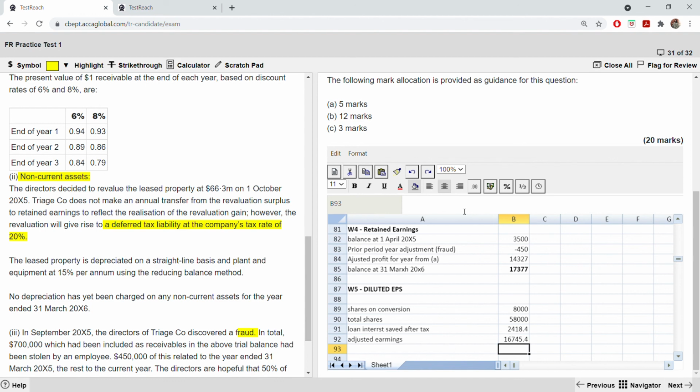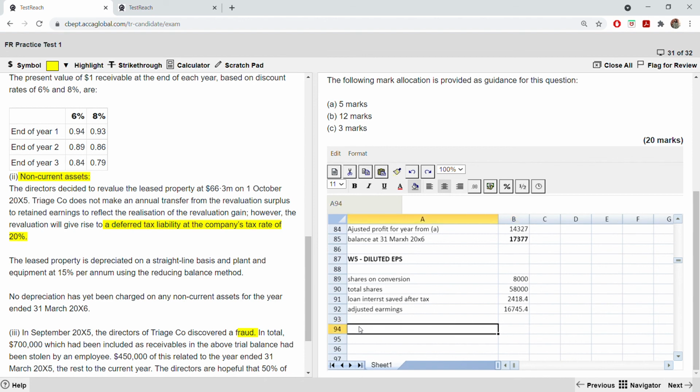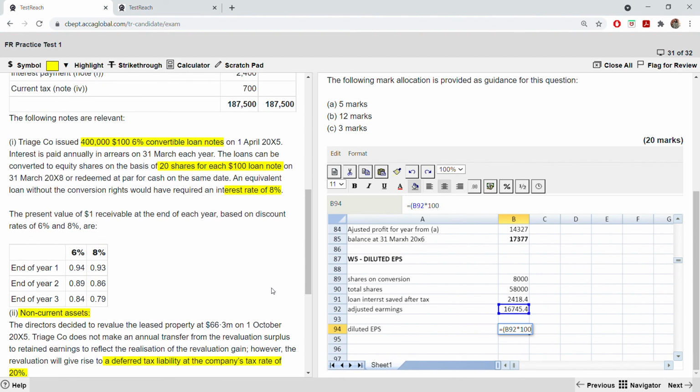Now you can find your diluted EPS. The formula for diluted EPS is this: earnings. So now this is your earnings. You need to multiply this by 100. Why 100? Because $100. So that earnings you need to multiply by 100.